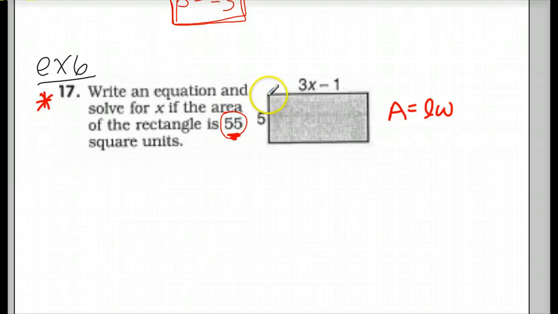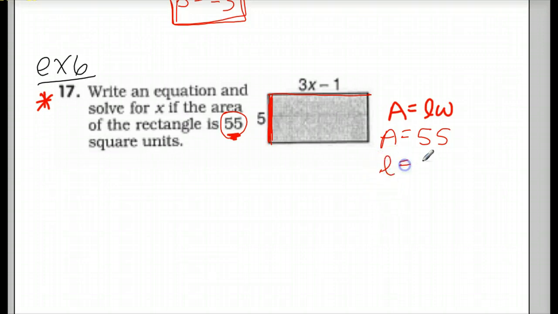So what we're going to do is use the area that they give us, which is 55, and we're going to use the length that they give us, which is 3x minus 1, and we're going to use the width that they give us, which is 5. So A is 55. Let's call our length this right here. So let's call this L. It doesn't really matter, right?